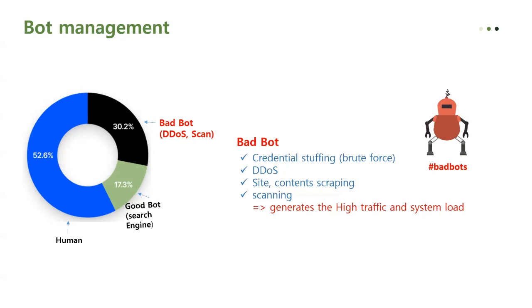So in general, bad bot gives lots of negative impact because it generates high traffic and causes the system load to be high through lots of attacks like brute force login, DDoS, web scraping, web vulnerability scanning attack.